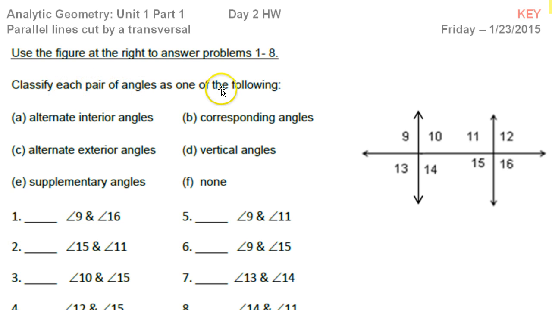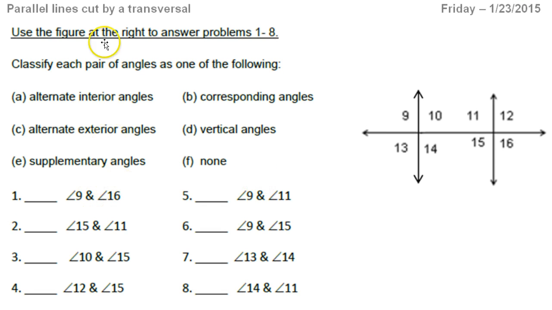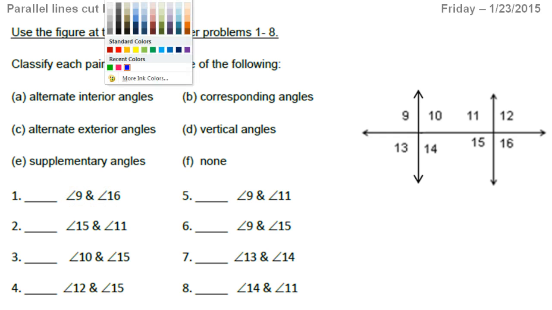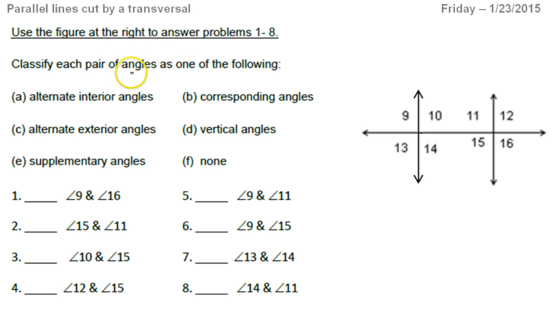Classify each pair of angles as one of the following, and we have our little word bank here. Look at angle 9 and 16. Here's angle 9 and here's angle 16.